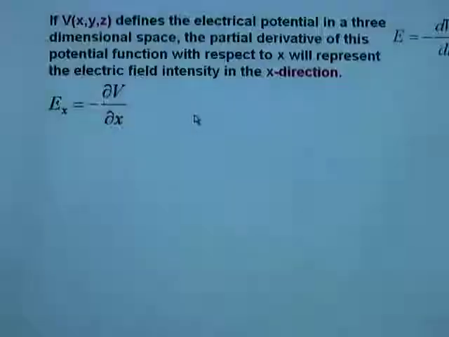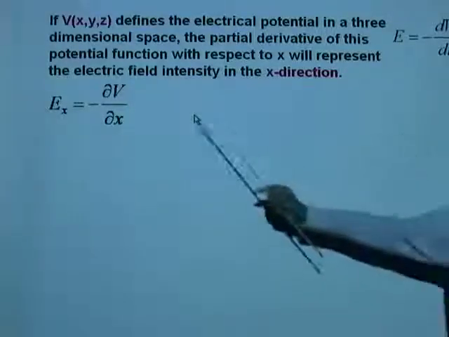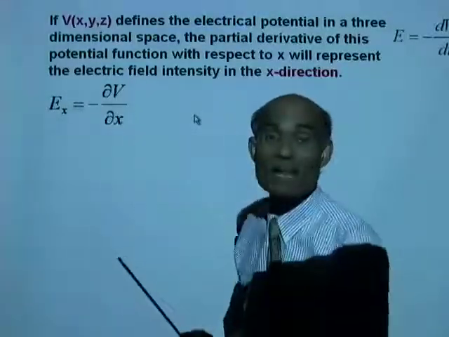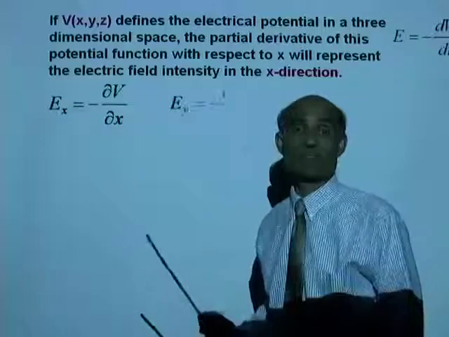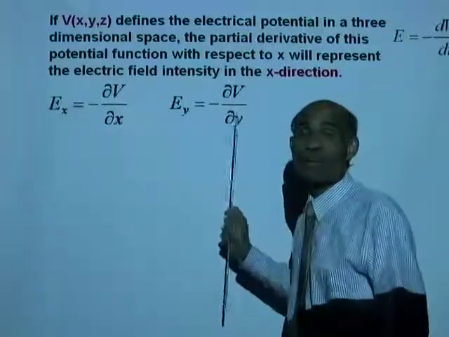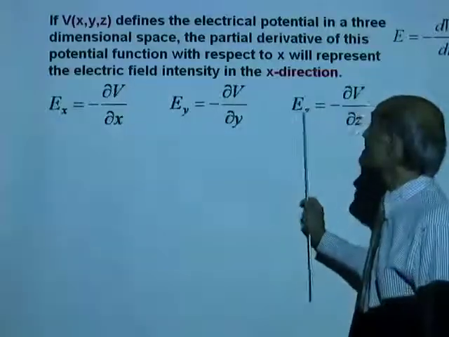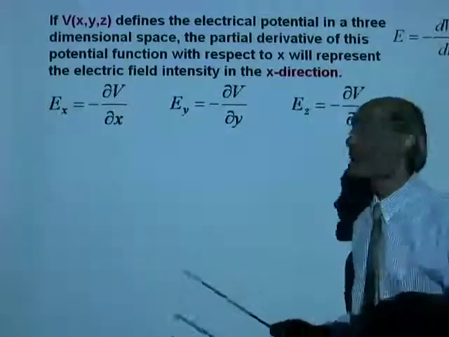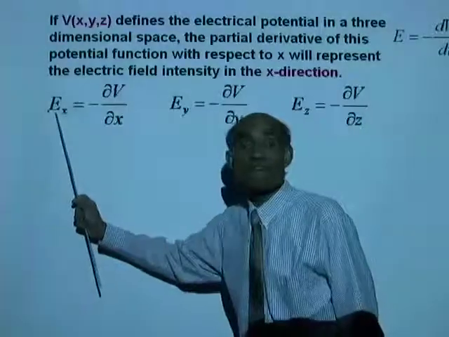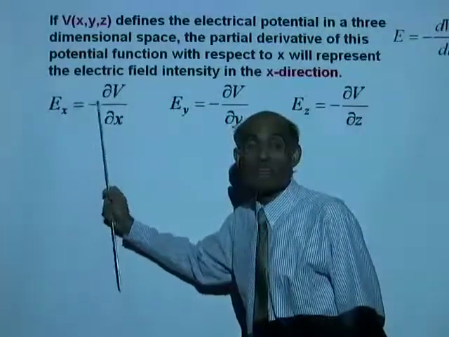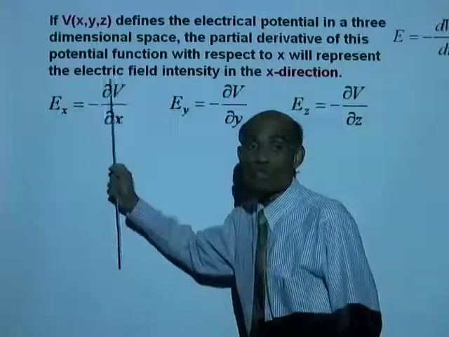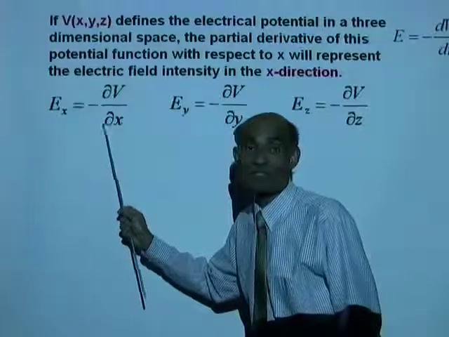Alright. So I can now write Ex equal to negative del V by del x, Ey equal to negative del V by del y, and Ez equal to negative del V by del z. So the electric field in the x direction is the negative of the derivative of the potential function in the x direction.